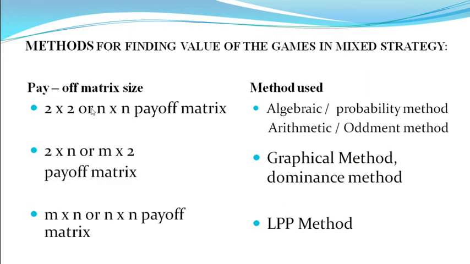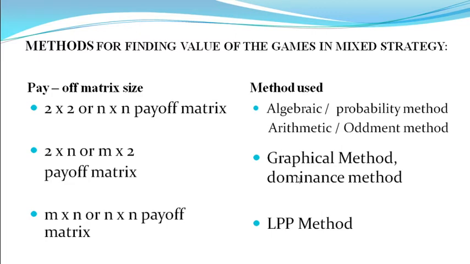For a 2 cross 2 or n cross n pair of matrix, we can make use of the algebraic method, or else the probabilistic method, arithmetic method, or oddment method. For problems of size 2 cross n and m cross 2, the graphical method is there and then the dominance method.